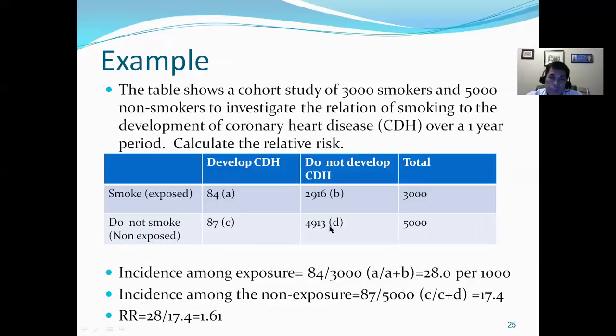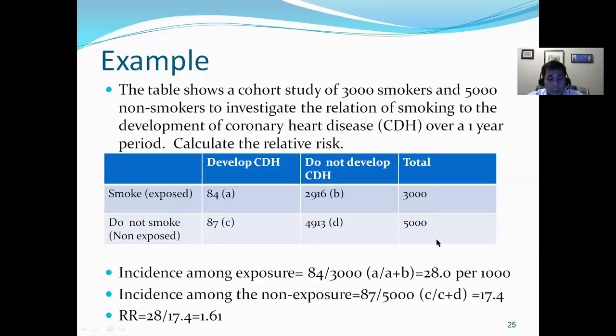And then those who do not develop the coronary heart disease among the non-exposed, which is 5,000 right here, you just simply subtract 87 from 5,000, so you get 4,913 for those who do not develop coronary heart disease over a 1-year period, and you have a total of 5,000. So this is your exposed, and this is your non-exposed.